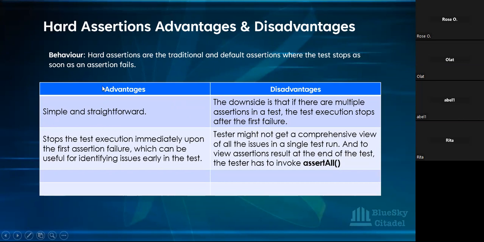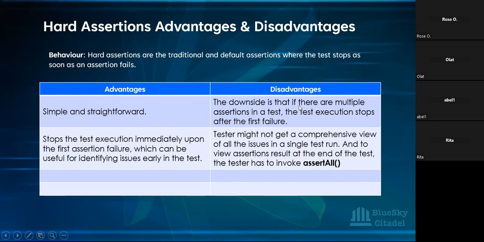The advantage of the hard assertion is very straightforward, and it helps us know that if the assertion fails on the first execution, then we can identify the issue at the early stage of our test.